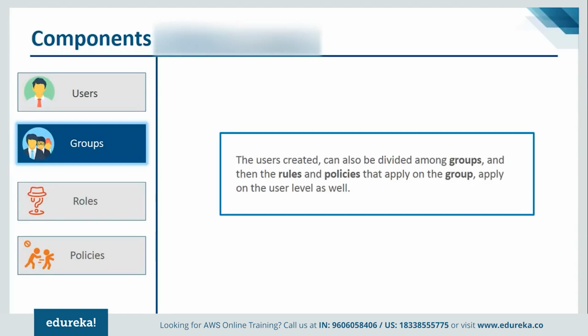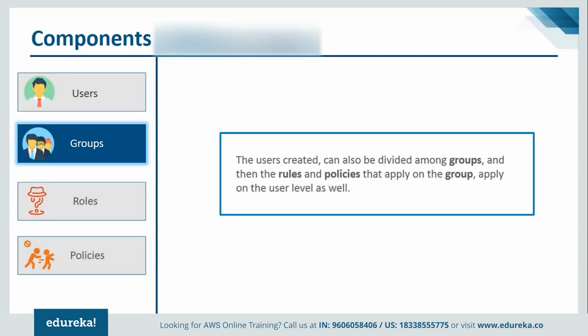Now, one way of doing this would be that I would go to each and every user and attach a policy that they need. The smart way to do this would be to include them inside one group, and to that group I will attach the policy only once and it will apply to all these 5 users, right? So this is why groups are very important.